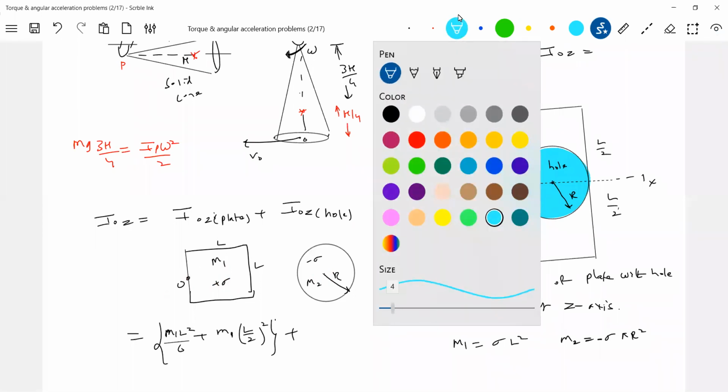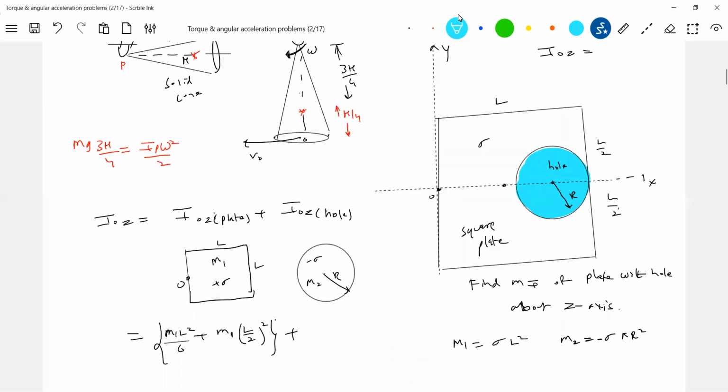Now for the hole, what is the parallel axis theorem? First, about the axis passing through the center of the hole, how much should it be? m2 r square by 2, since it's a disk. It will become plus m2 into the distance squared. At what distance is the center of the hole from the origin? 2L minus r.